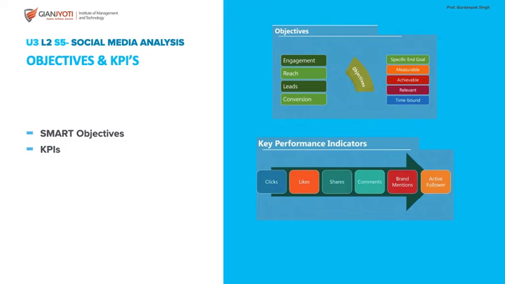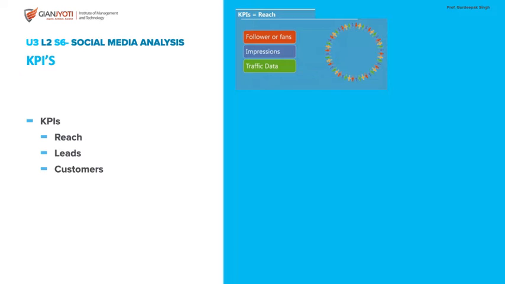So they are now becoming more part of your customer base. And then they try to mention your brand to others, and then anything that you post, they become the active followers. So you need to keep track of your key performance indicators on these parameters.